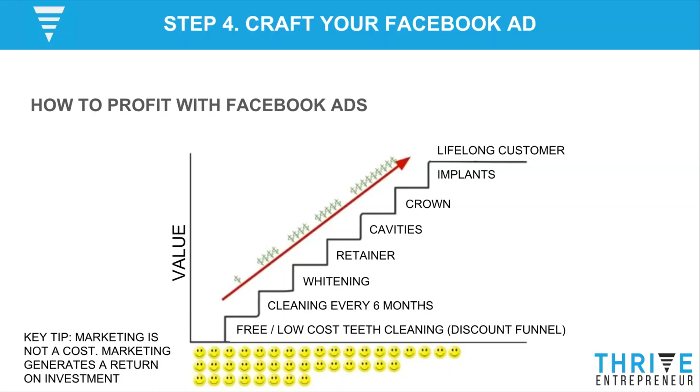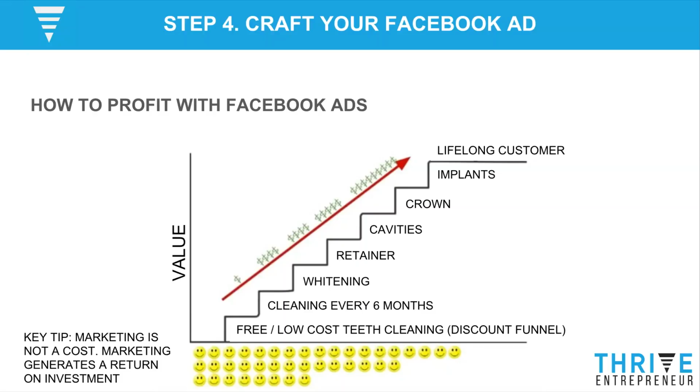With the crazy discount funnel, it was like, hey, get a free or low cost teeth cleaning, could be $9, $10, usually no more than $10, usually $10 or below, or it's free. So it could be like a $7 teeth cleaning, people grab the voucher. Obviously teeth cleaning is usually maybe $50 or so.